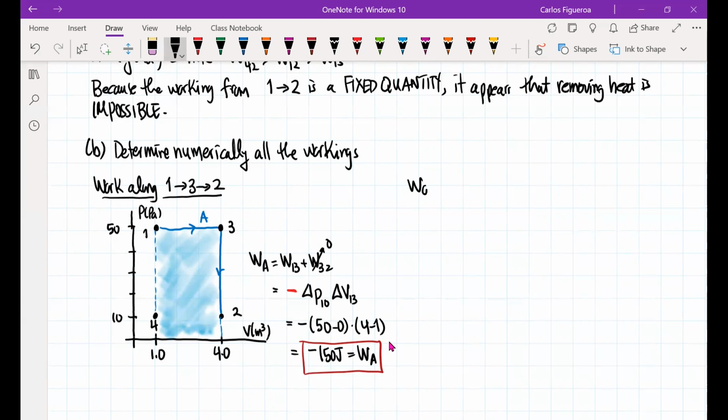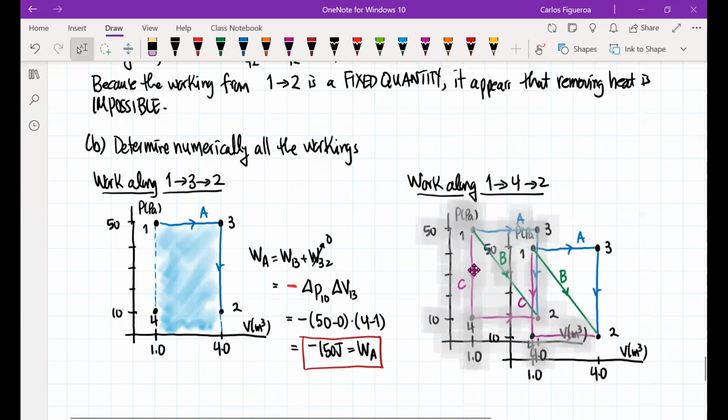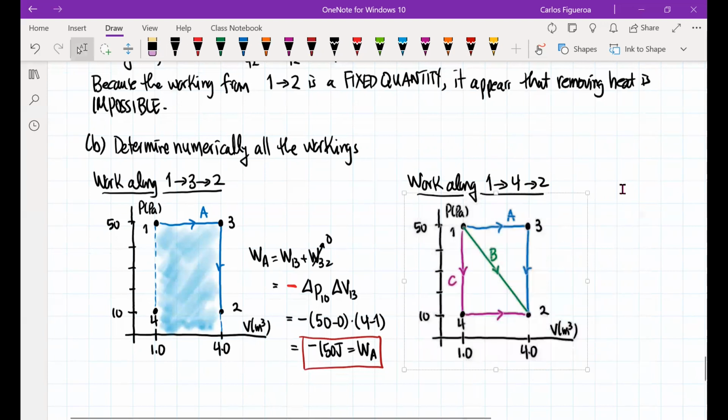So this is the work along 1, 4 to 2. And this is path B. So if I look at this guy here, it looks like this. So the only path I care about is this path right here.